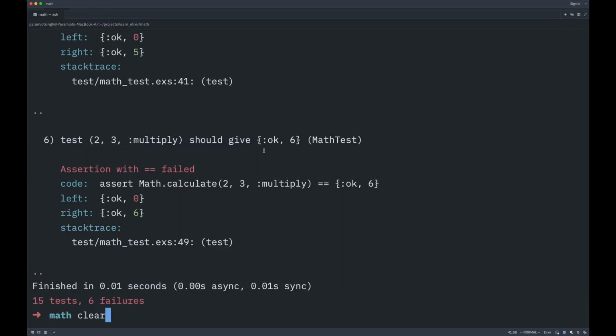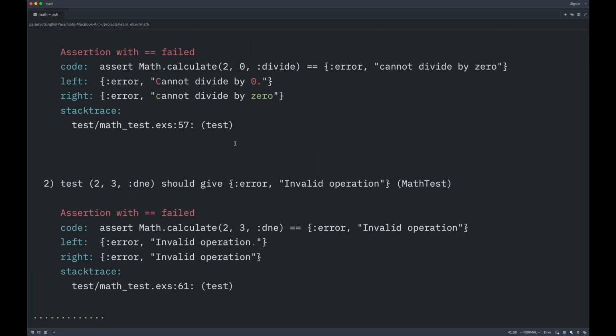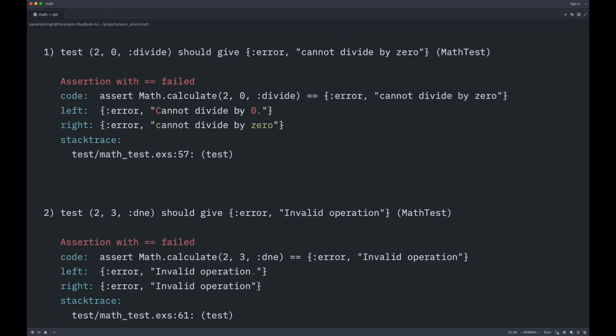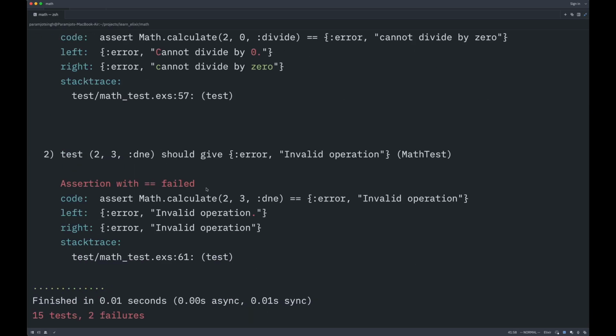Let's go back and run our mix test, and we still have 2 failures. So some tests are passing, that is good. Let's see where the failure is. Okay, so this is a mismatch in the messages, cannot divide by 0, that is 1. And then the second failure is invalid operation, again the mismatch in the expected results.